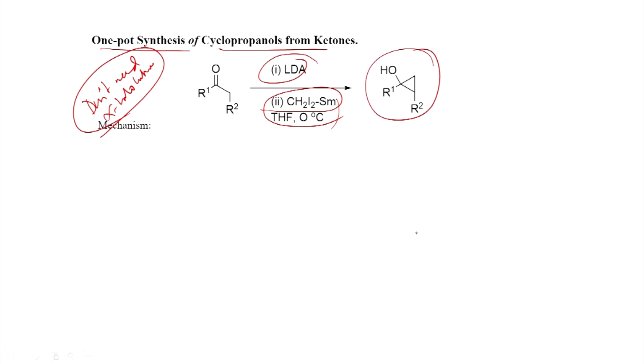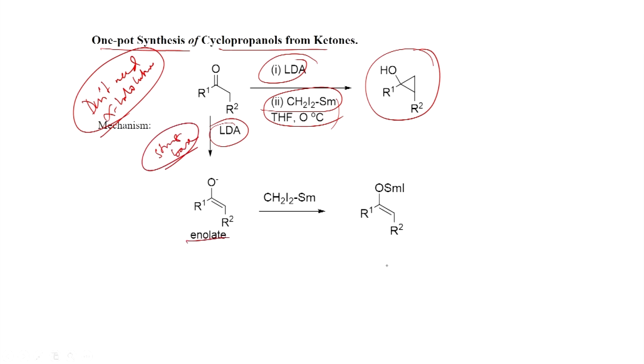In fact, this is possible, and if you put LDA, this is a very strong base, so strong base LDA, and then you can get this enolate, and this enolate then reacts with CH2I2 samarium, first samarium takes this, and after that the cyclopropanation will happen. Cyclopropanation of the double bond will give this cyclopropanol after hydrolysis. So, this is cyclopropanols.